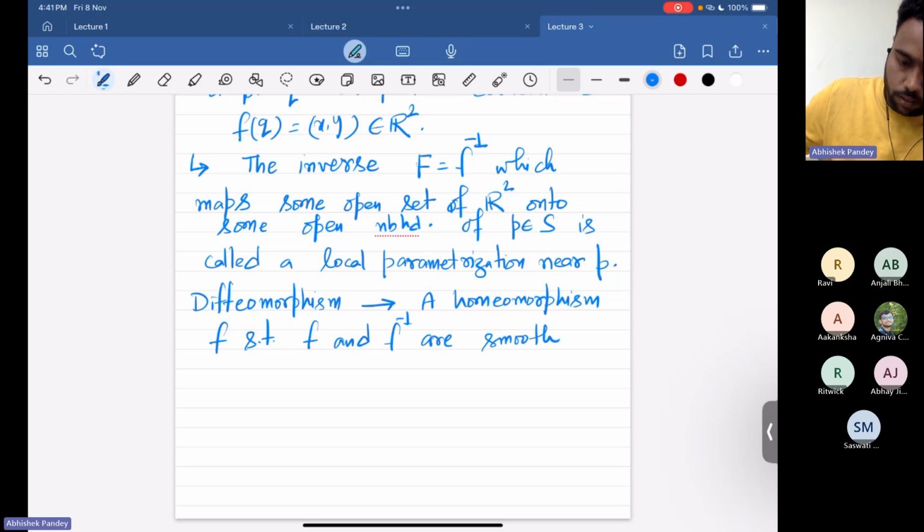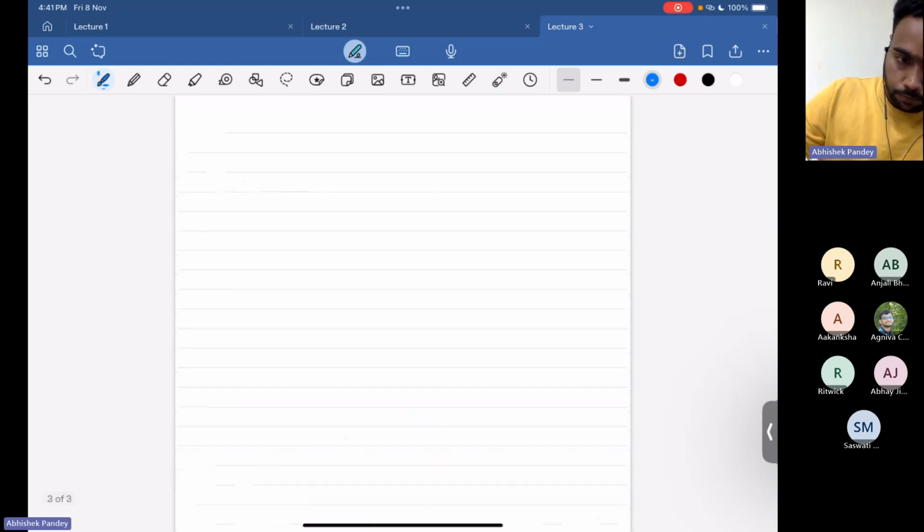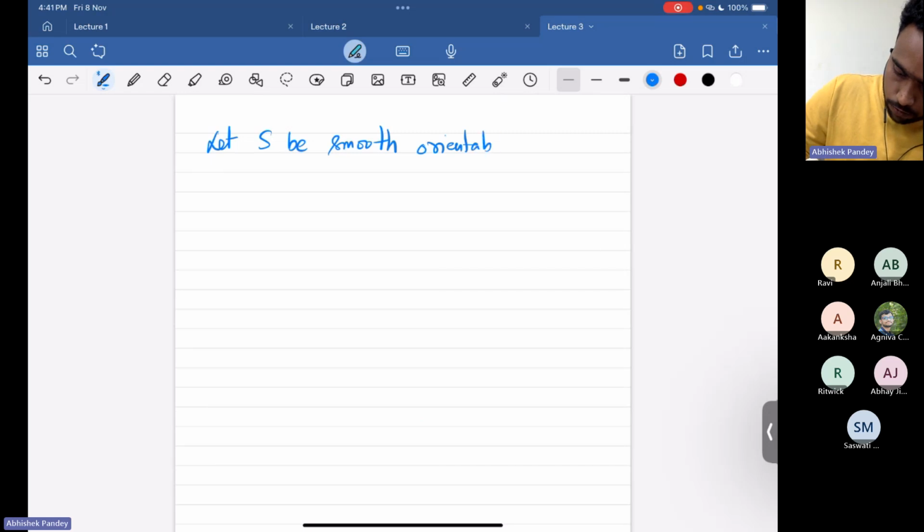And by smooth, I mean that all partial derivatives of all orders exist. Okay, so let us go back. Now let S be a smooth orientable surface.